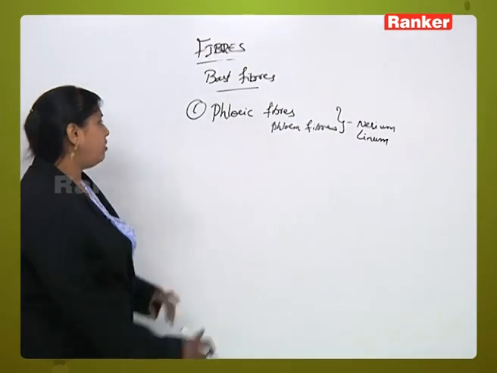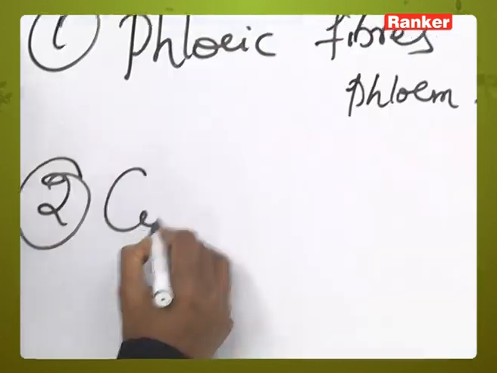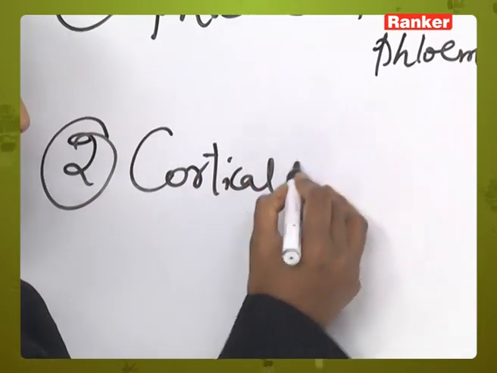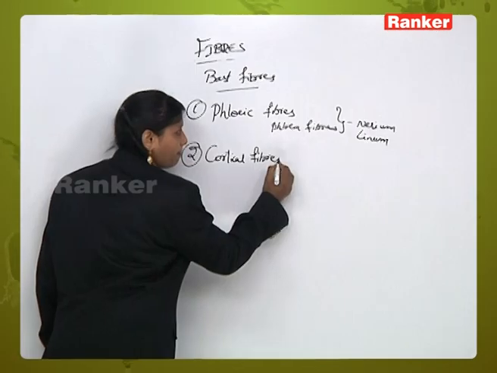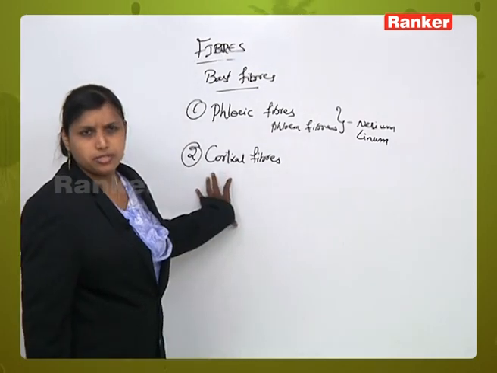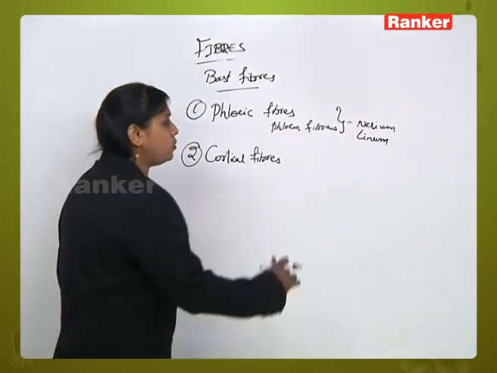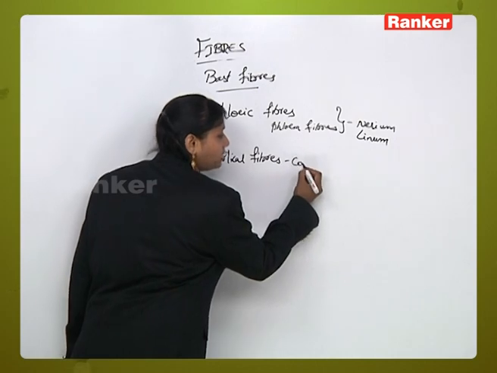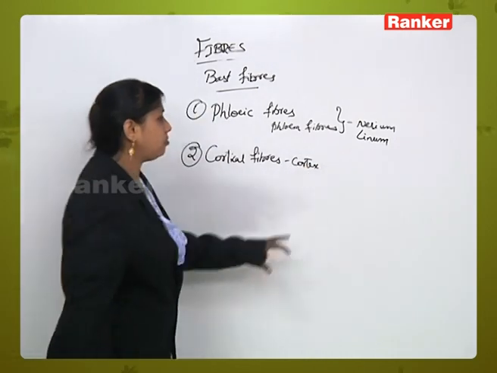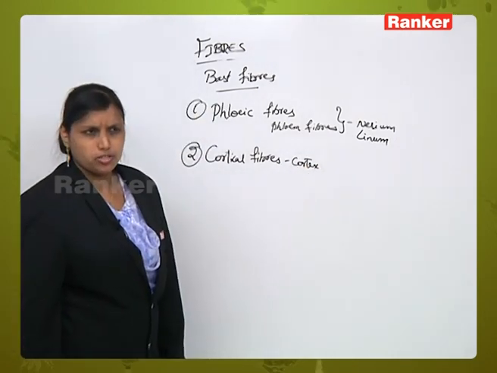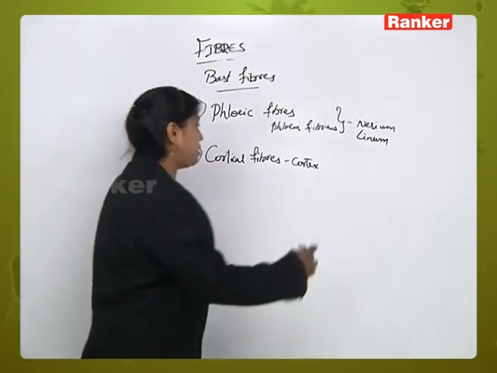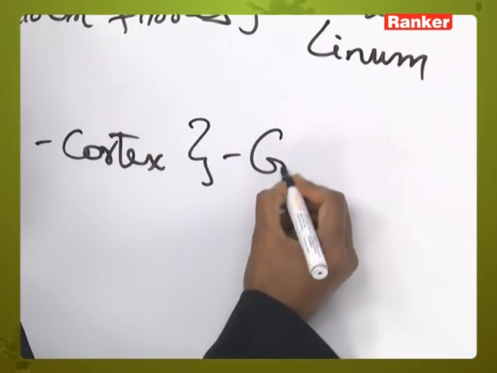Next, you have cortical fibers, the fibers which are present in the cortex tissue. Those types of fibers are called cortical fibers. Here examples will be grasses.